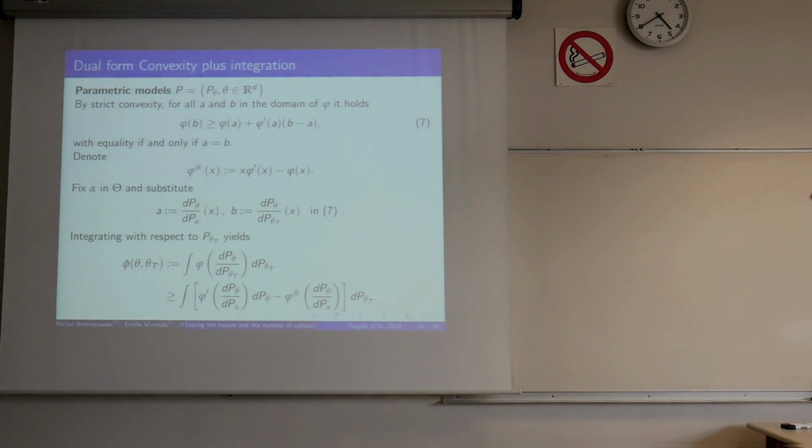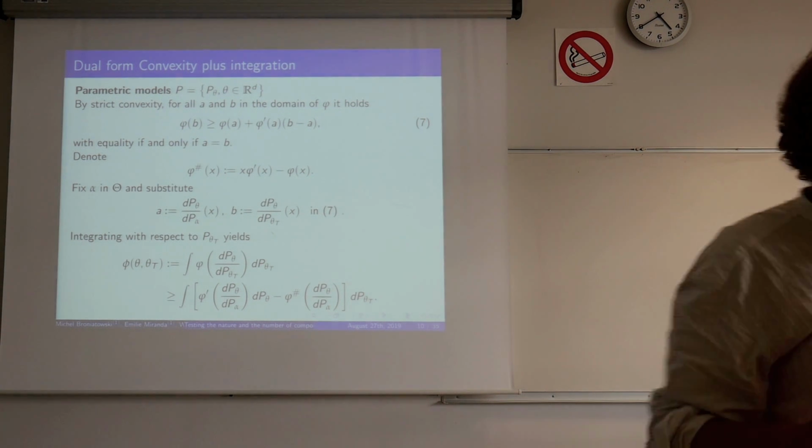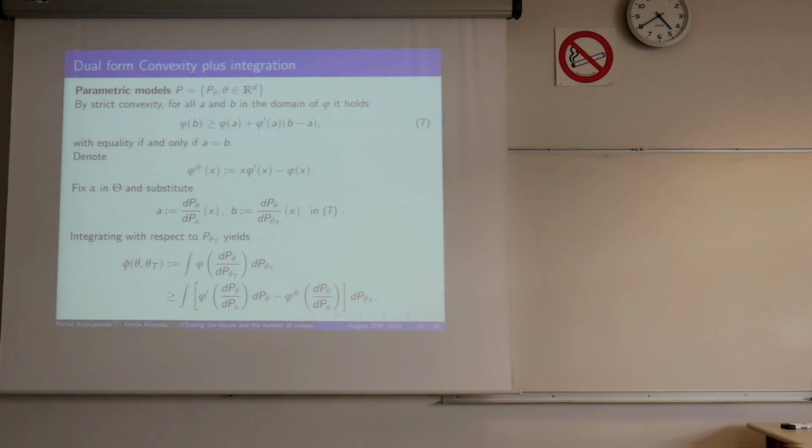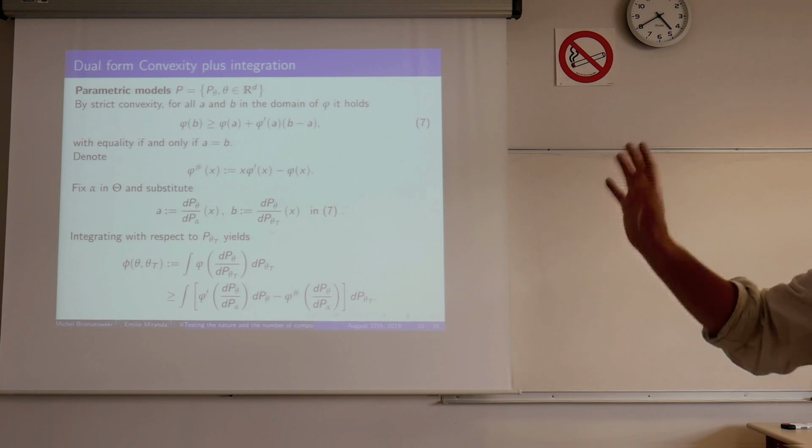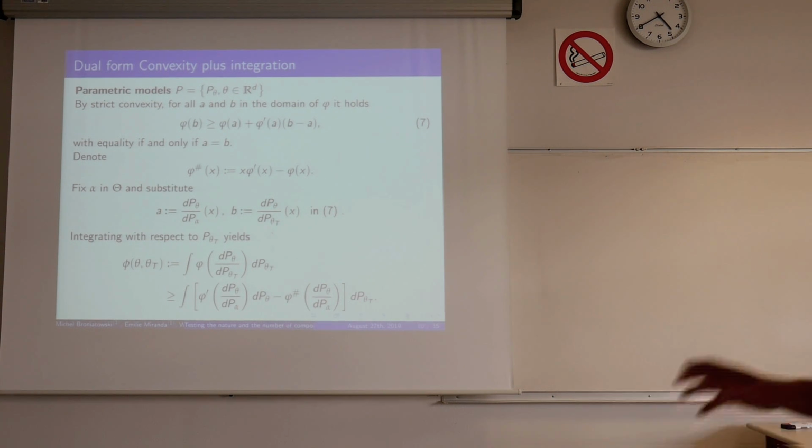Okay, now I will show two slides on duality forms for that, and I will just show them very simply in parametric models. This can be extended on measure spaces with other kinds of arguments, but it's a general frame for the study of distances between measures, at least in the context of Csiszár type.